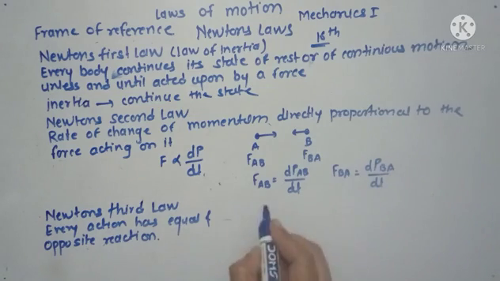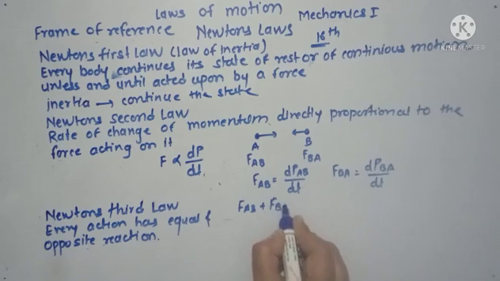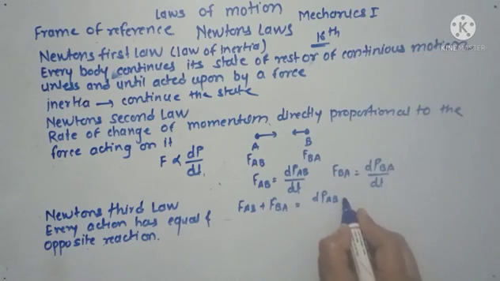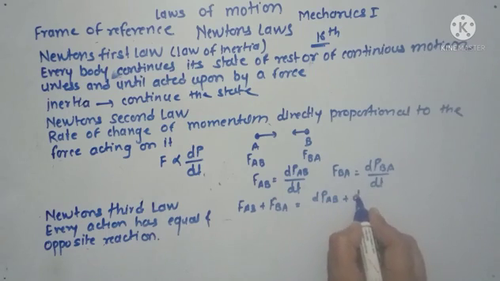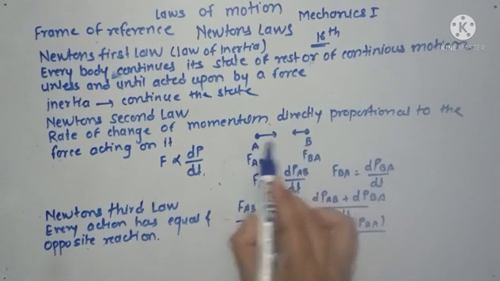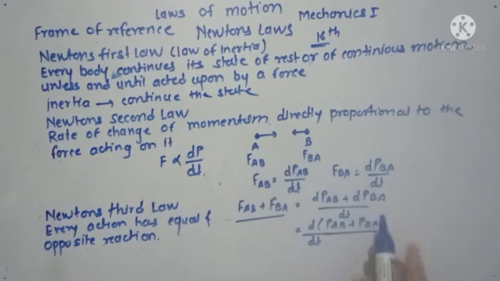Now if I add these two, F_AB + F_BA is equal to (dP_AB + dP_BA)/dt, or I can write (P_AB + P_BA)/dt. If no external force is acting on the system of these two particles, then this dP/dt will be equal to 0.